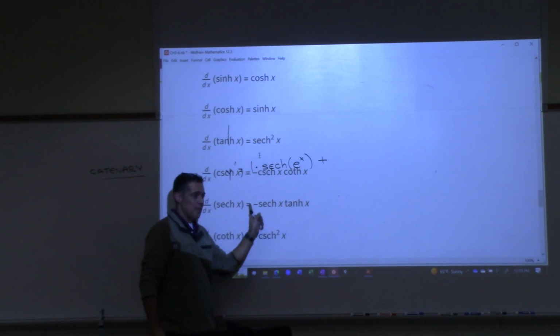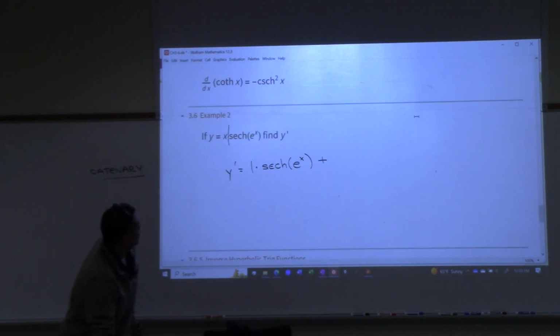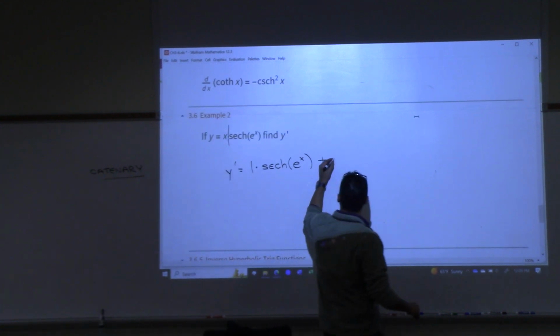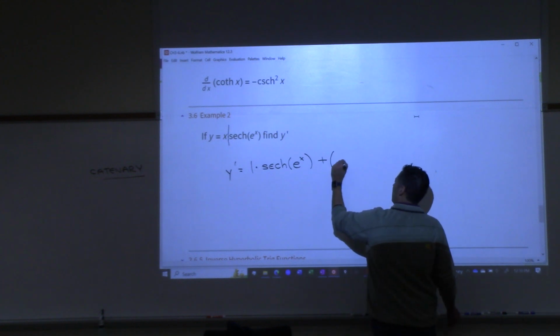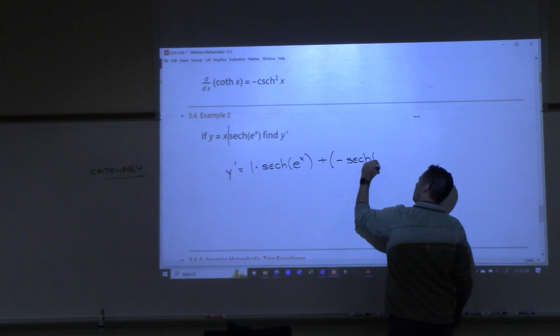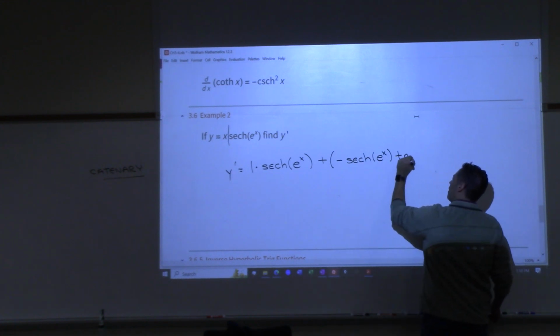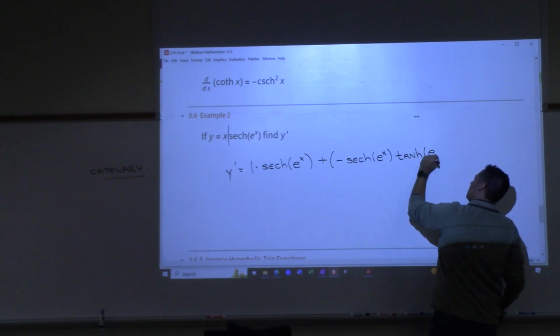I need that formula, right? But instead of x, what do we have? We have e to the x, right? So it's going to be, I'm going to put in parentheses, negative secant hyperbolic of e to the x tangent hyperbolic e to the x.